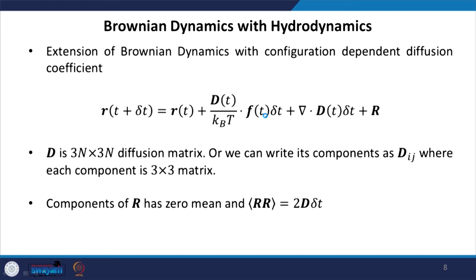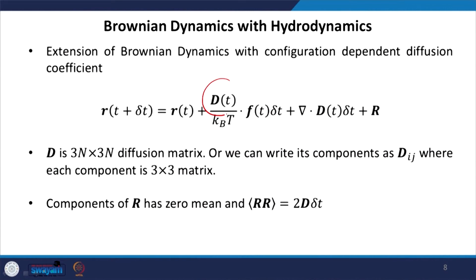And even though that is of more purpose in cases when we have some kind of flow situation, that need not be the case. Even in thermodynamic equilibrium, these hydrodynamic interactions can be important in certain cases.